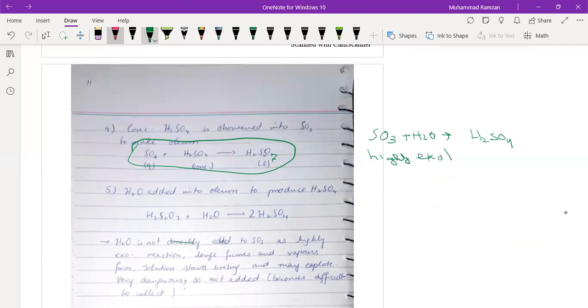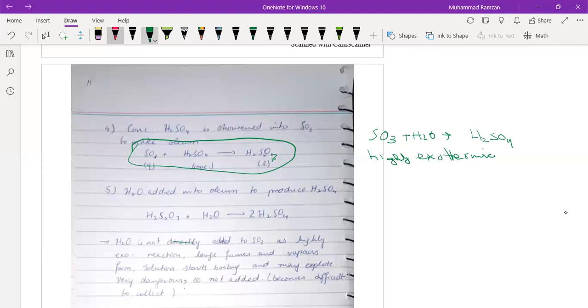And due to the heat liberated, H2SO4 turns into small droplets that are very difficult to collect. And the solution starts boiling.